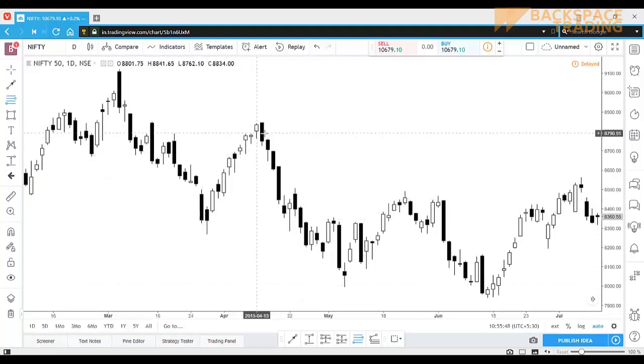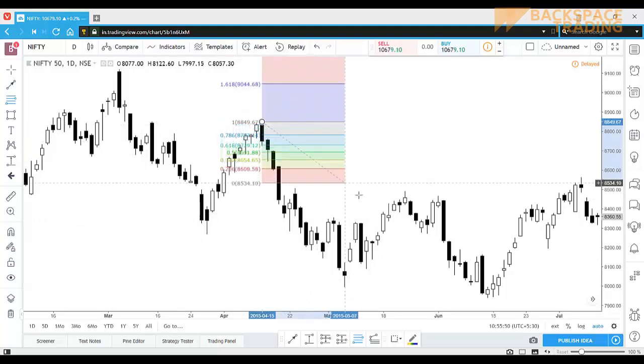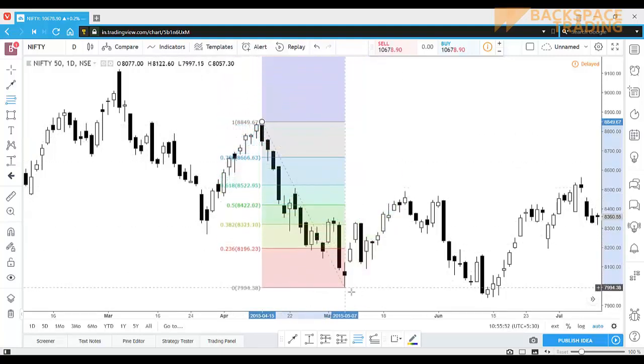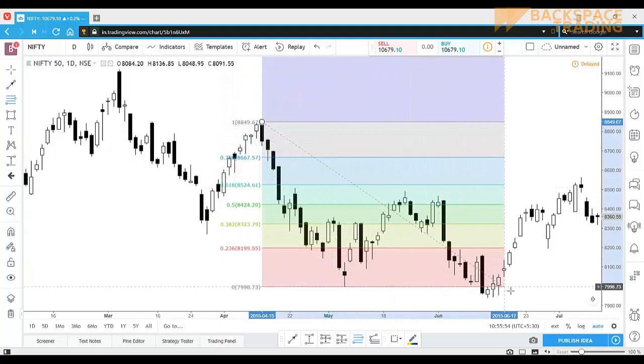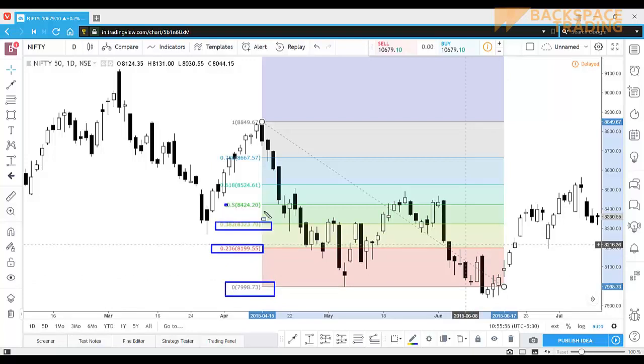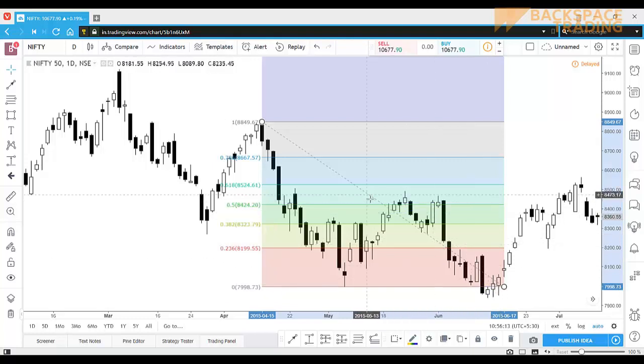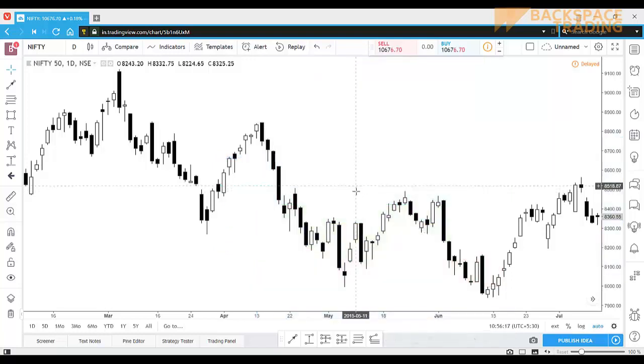For downtrend you will plot from high to low. This is the low. I'm extending it, and this will be 0%, 23, 38%, 50. So this is what was respected by price. Price touched around the 50 zone, it gave another extension. It's that simple. That is how you use retracement for downtrend.